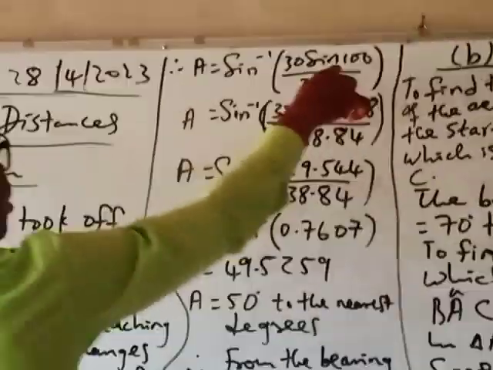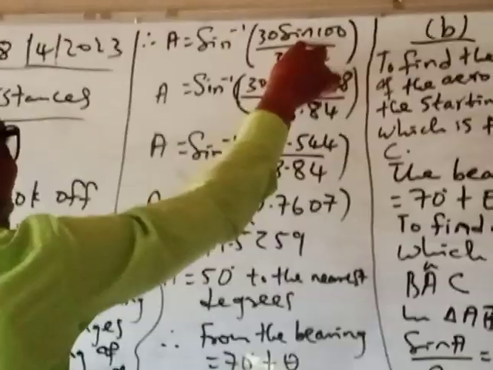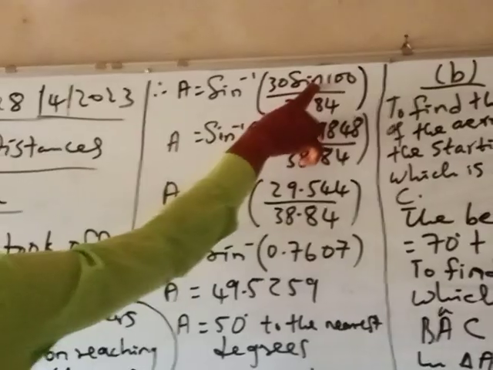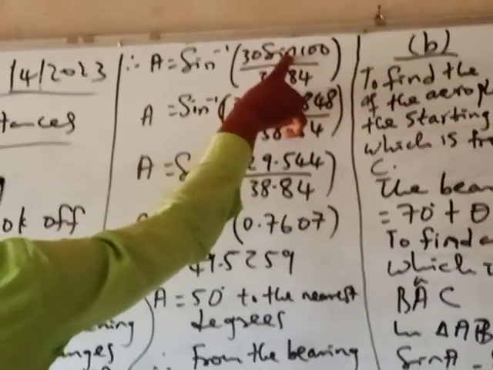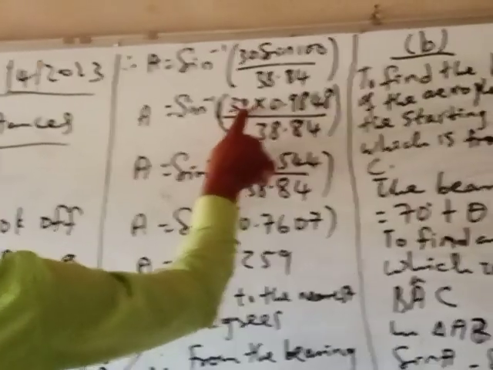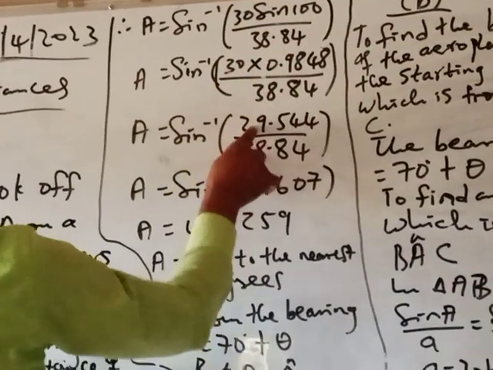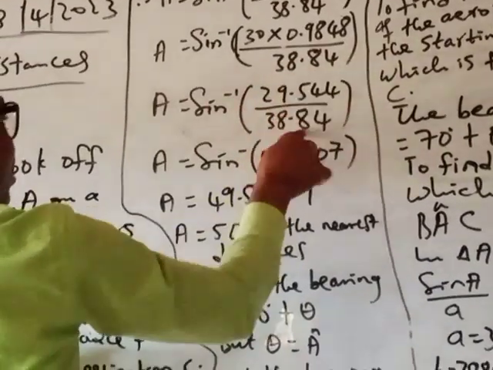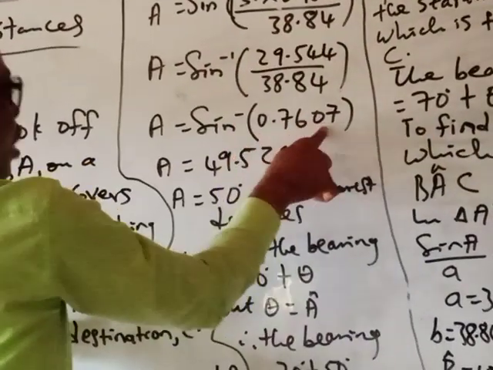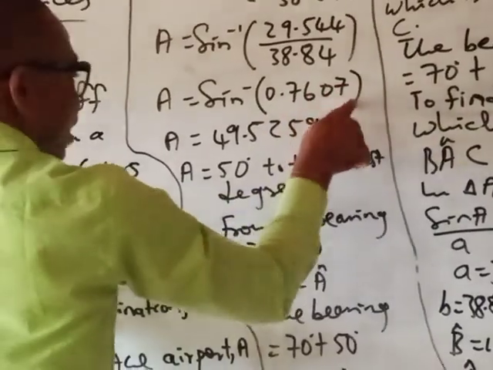At this point, 100 is in the second quadrant and sine is positive in the second quadrant. That is why we go straight. We now have 30 times sine 100 will give us this. This will give us 29.544 over this. Then this divided gives us 0.7607.